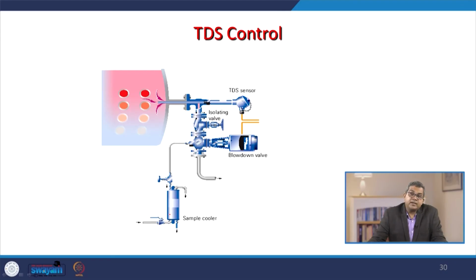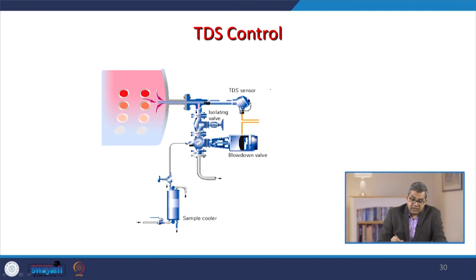One of the major issues in boiler operation is the total dissolved solids, or TDS. A boiler must be operated within the permissible TDS, otherwise the scales will be on the higher side and the heat transfer rate, etc., will be negatively impacted.